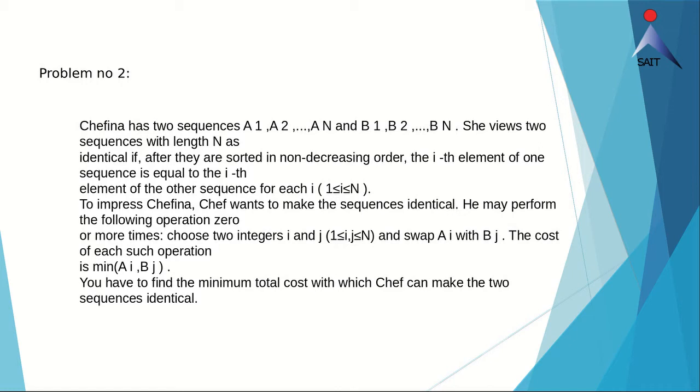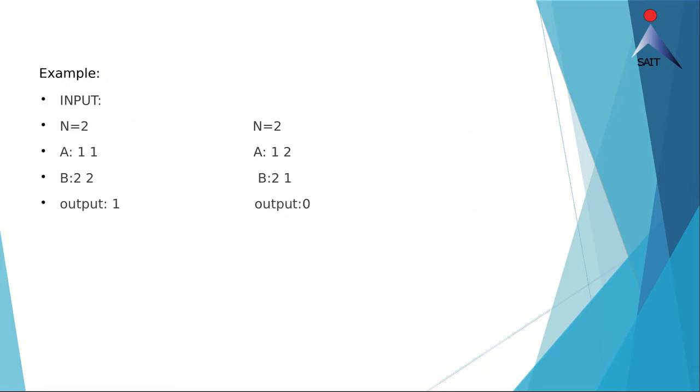This is the problem. Suppose the input is given as an example: n is 2, A has 1 1 and B has 2 2. So we have to swap the elements in such a way that the element at the ith position of A is equal to the element at the ith position of B. If we swap this 1 with this 2, we get 2 2 and 1 1, and after sorting it matches.